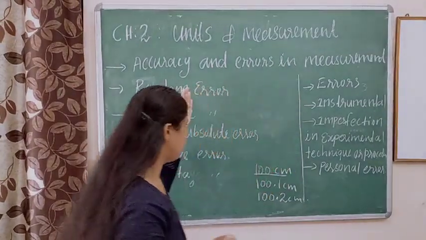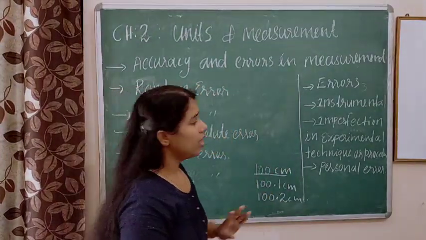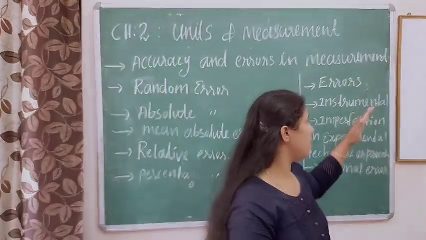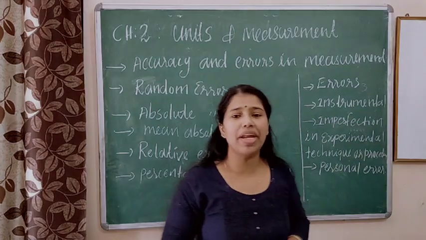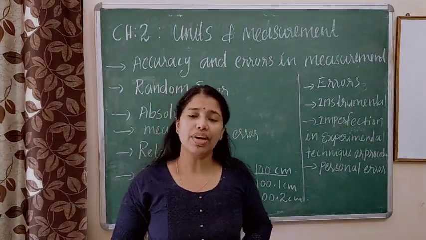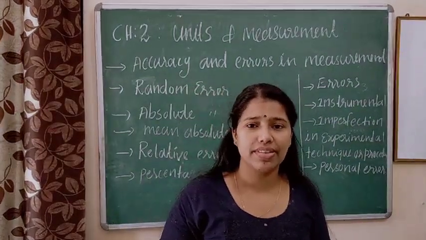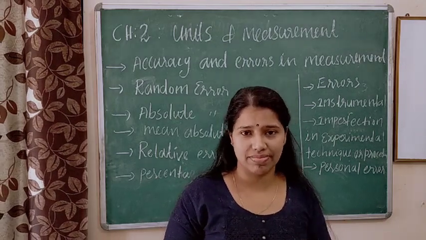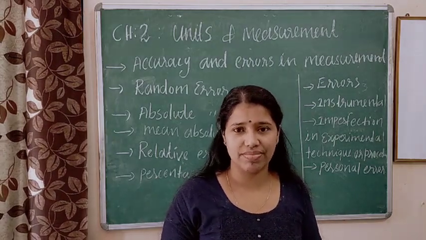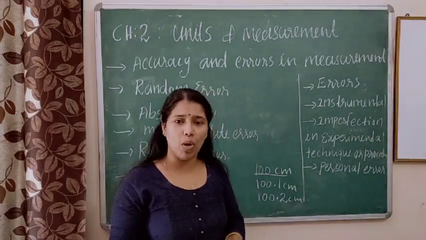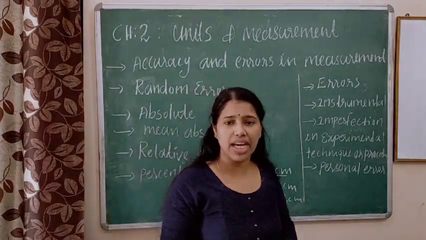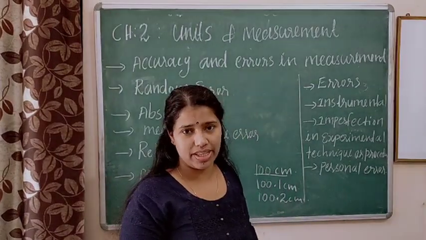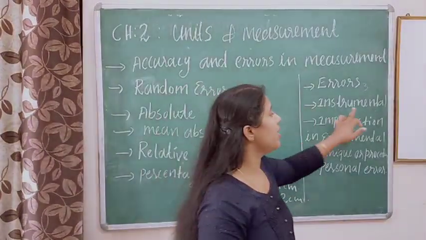First is instrumental errors. Maybe sometimes the instrument has some problem and is not correct. Maybe some value has 0.1, 0.2 difference. That is instrumental error.